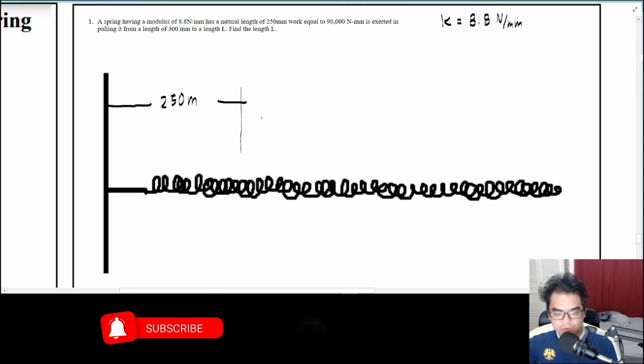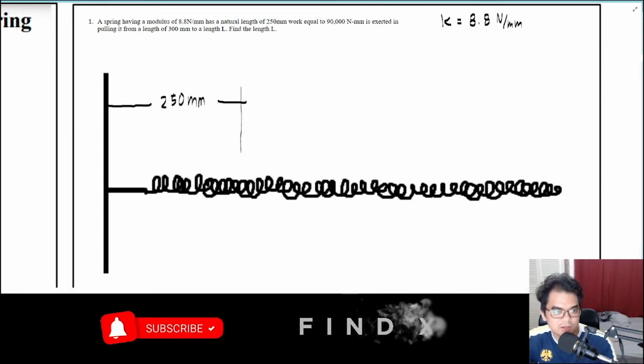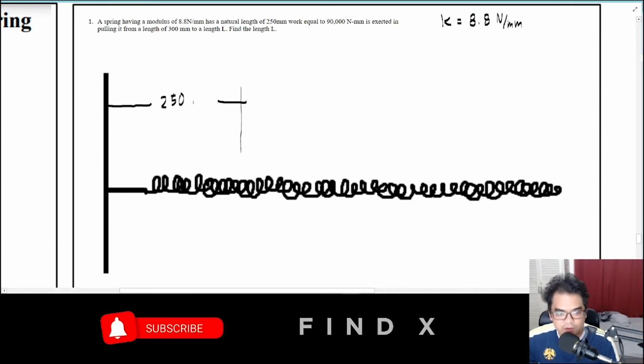I can just not write the unit anymore so that it will save some space. So this is 250, and then we also have 300 millimeters.